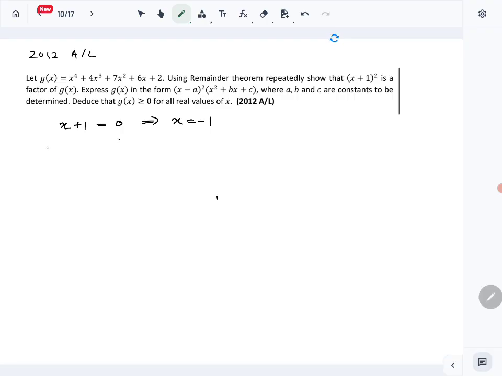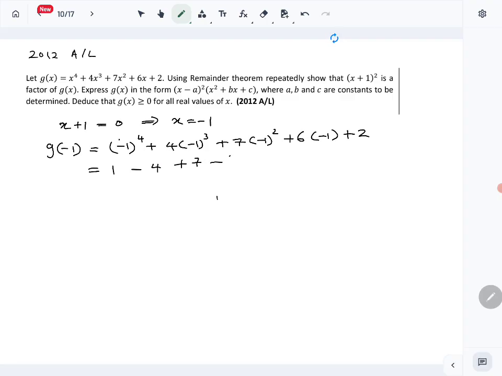So first let's show x plus 1 is a factor of g(x) by substituting minus 1. Minus 1 to the 4 is 1, minus 4, plus 7, minus 6, plus 2. So minus 10 plus 10, so 0, right? So that means x plus 1 is a factor of g(x).